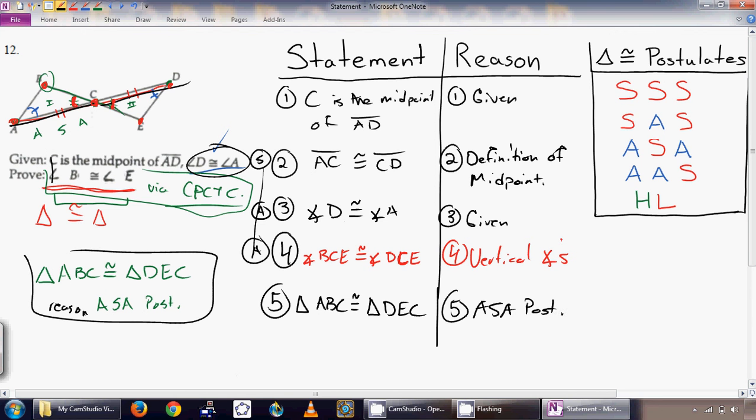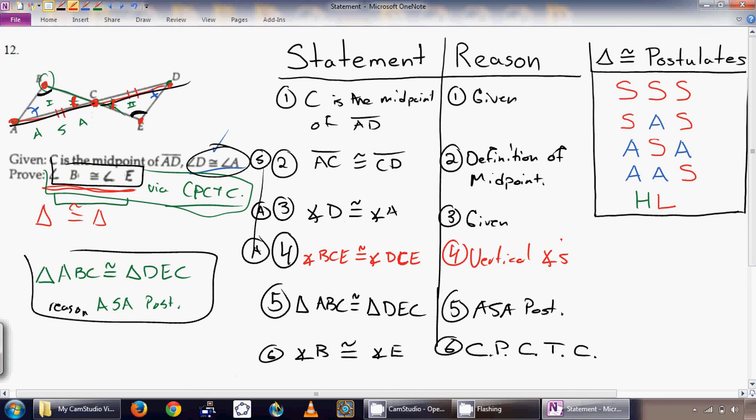Now I can conclude that these corresponding parts of my congruent triangles must be congruent. So angle B is congruent to angle E, and my reason is they're corresponding parts of congruent triangles, so they must be congruent.